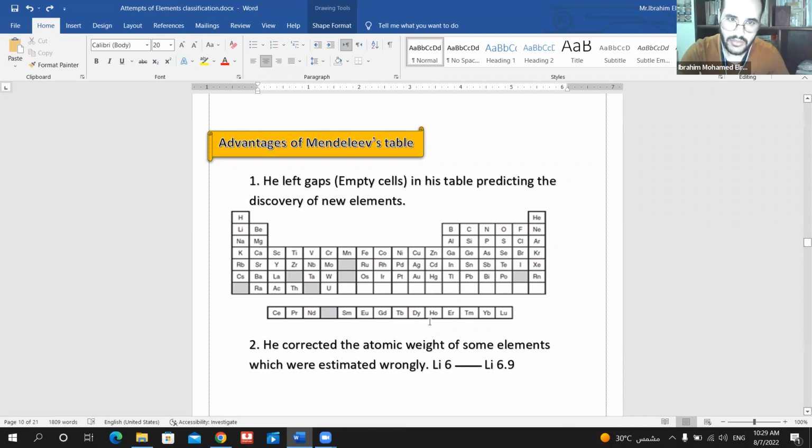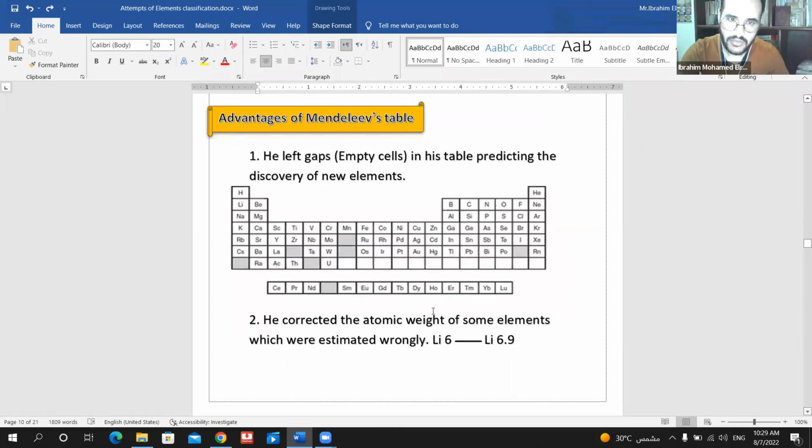The scientists before him had estimated the atomic weight of some elements wrongly, so he corrected them to their correct values. For example, lithium: he corrected lithium's atomic weight from 6 to 6.9. Okay.